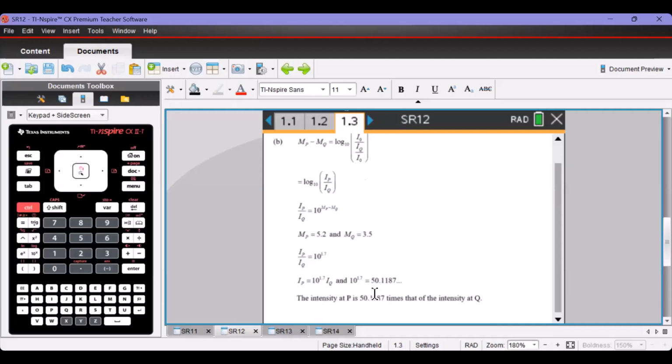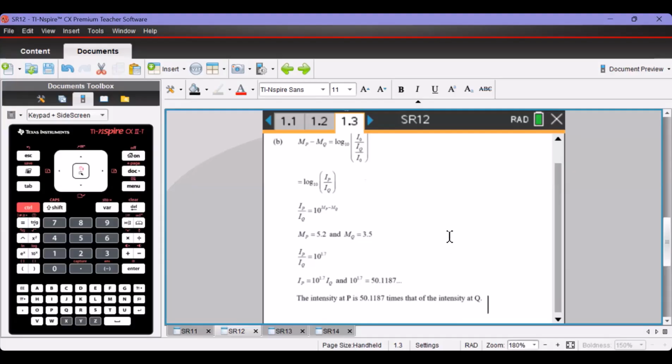I've already done it, obviously, and we obtain 50.1187... And so instead of 10 to the power of 1.7, we can substitute 50.1187, etc. We can therefore conclude that the intensity of the earthquake at location P is 50.1187 times that of the intensity of the earthquake at location Q.